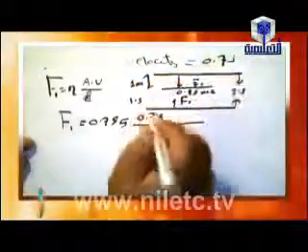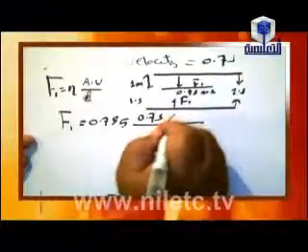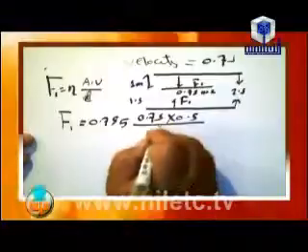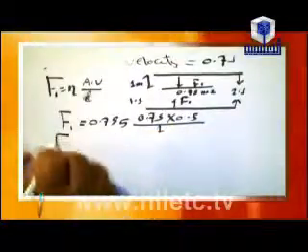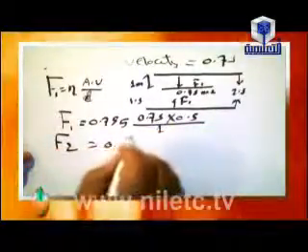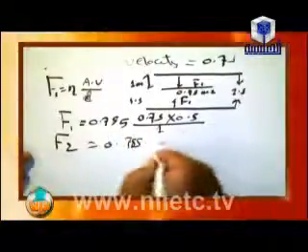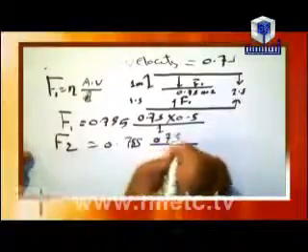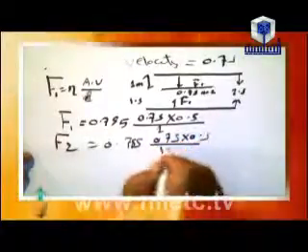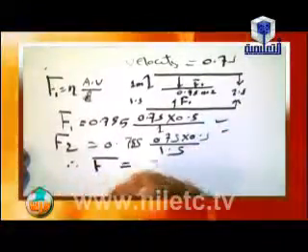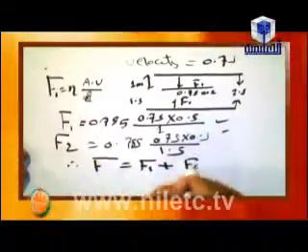Velocity equal 0.75 times 0.5 over distance 1, and we find F2, which is equal to 0.785 times 0.75 times 0.5 over 1.5. We get the two forces. Then total force F equals F1 plus F2.